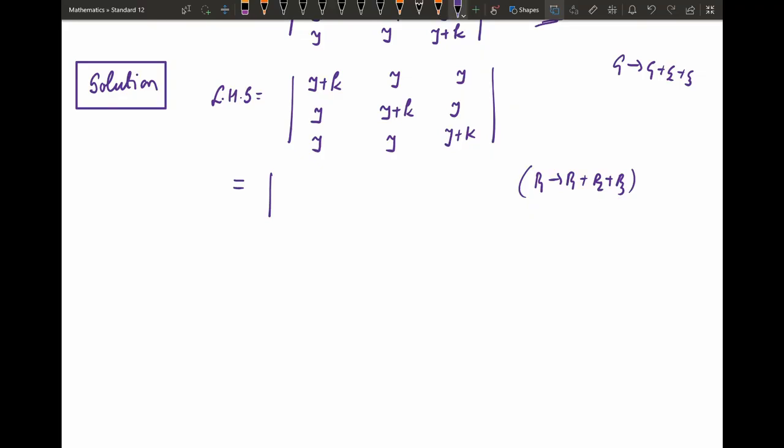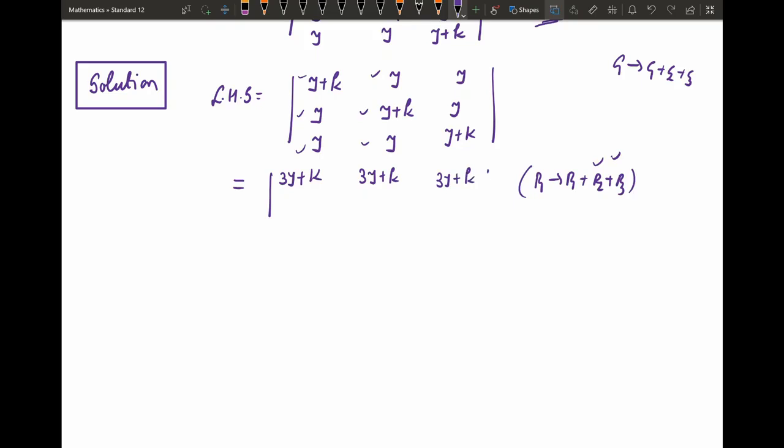So y plus k, 3y plus k. Similarly here y plus k plus y. Second and third row multiplied by 1, add in the corresponding entries of first row.